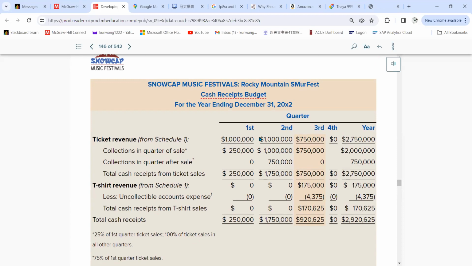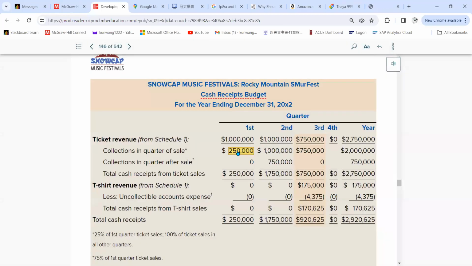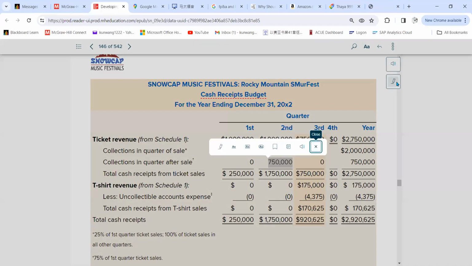So for the first quarter sales of $1 million, you see they only get 25% of this in cash. So if I can highlight, this is 25% of first quarter sales, and then the other 75% you get in the second quarter.